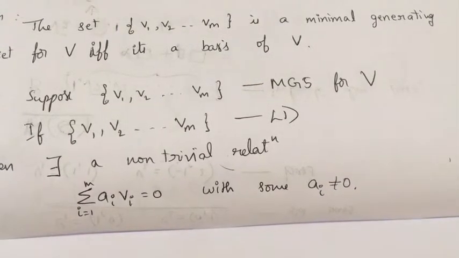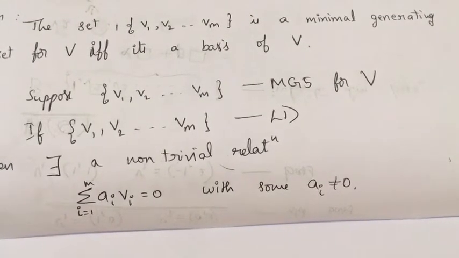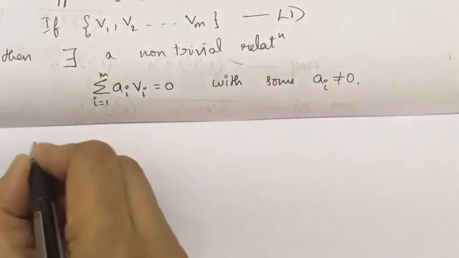Maybe one or more than one coefficients are not equal to 0. So let me take, say, suppose a1 is not equal to 0.